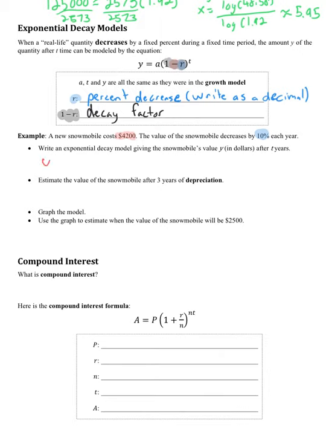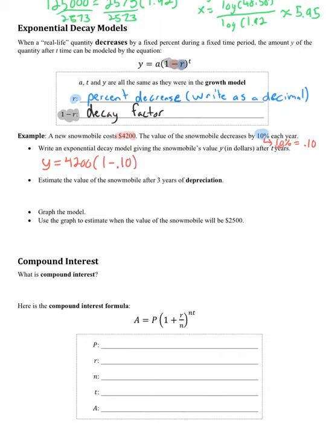We'll say Y equals, the initial amount was $4,200. 10% we could rewrite as 0.10. We just move the decimal over twice, or you divide 10 by 100 to turn a percentage into a decimal.